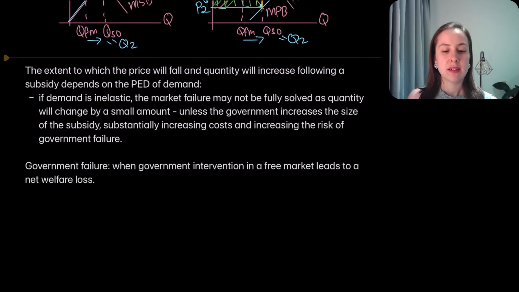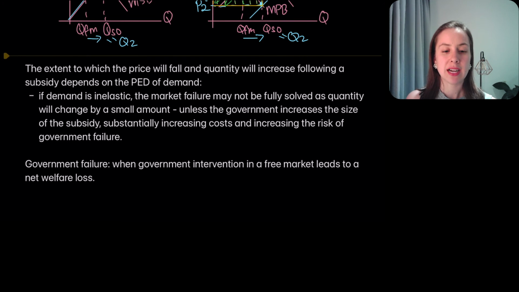You might want to consider the PED in your analysis. If you do a subsidy with something that's very inelastic, people were buying it before, and the reduction in the price won't really incentivize them to buy much more. So maybe that's not such a sensible way to encourage more consumption.